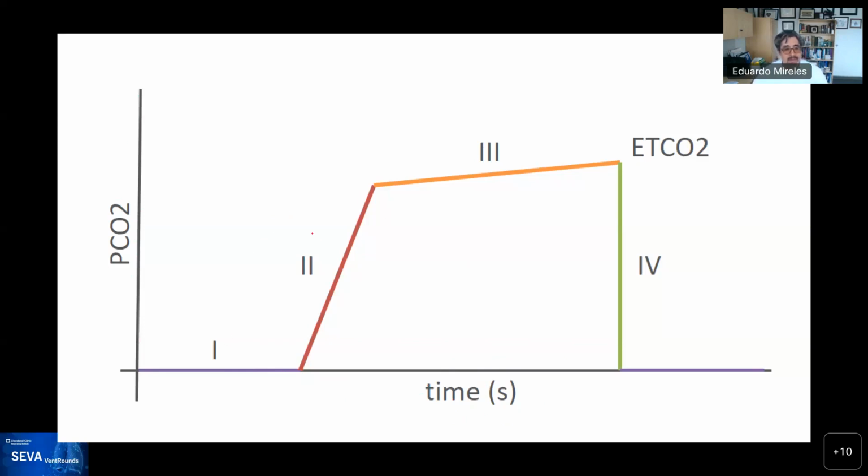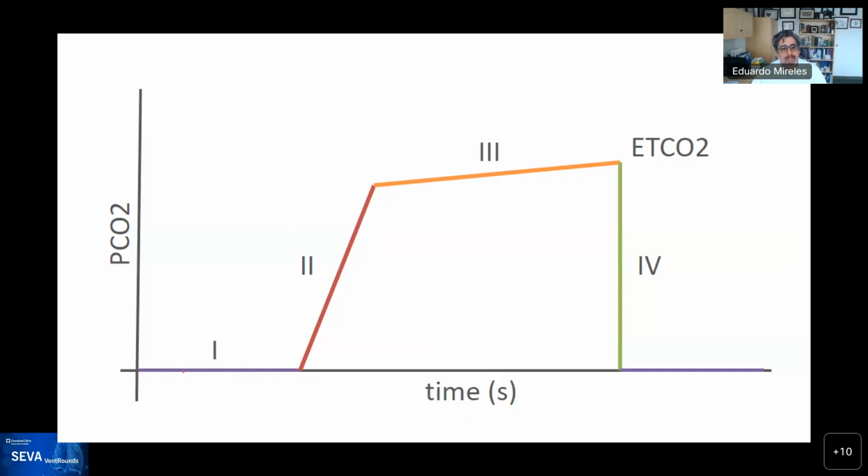There are four phases of the capnogram, and this has a lot to do with the ventilator because you can use it as a tool to help you identify patient-ventilator interactions. Phase one is during inspiration.